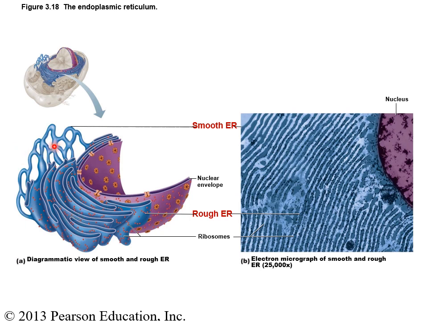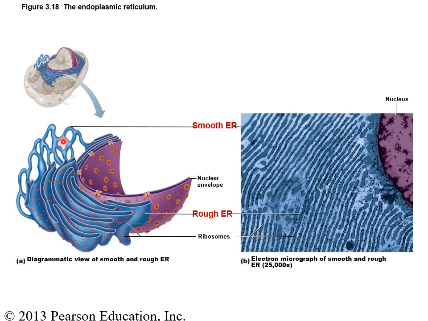The smooth endoplasmic reticulum is a little bit different because it doesn't have the ribosomes. It's usually the site of lipid production. And it also has different functions in specific cells that are unique to those cells. In muscles, it's called the sarcoplasmic reticulum because it stores calcium. That's the function of the smooth endoplasmic reticulum there.